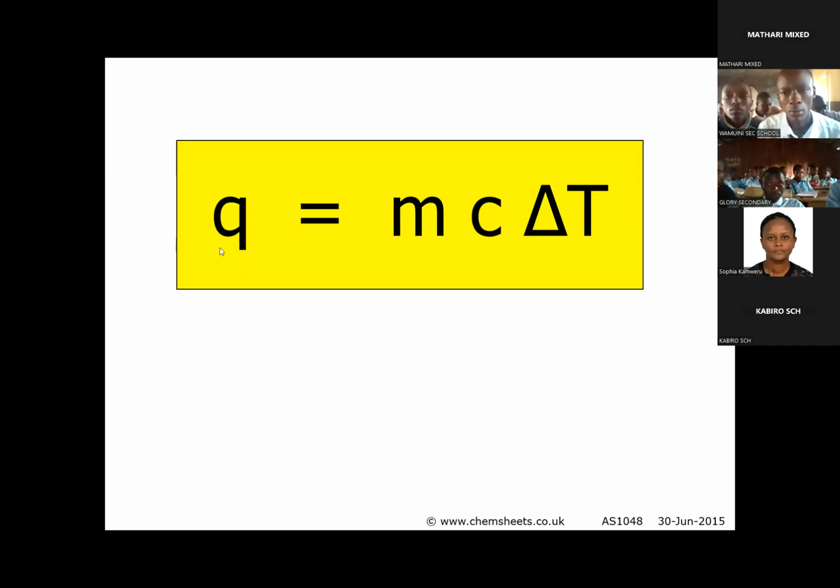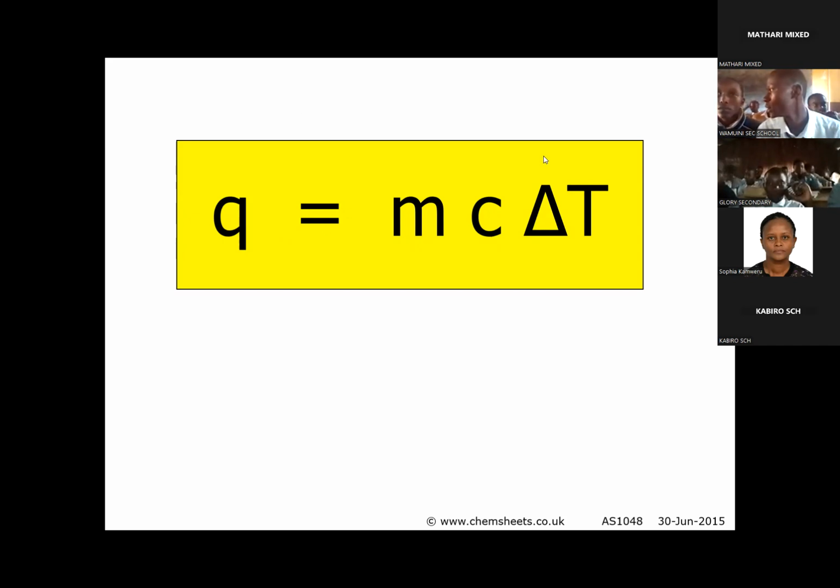So if you look at the sun heating a puddle of water or a stream, then you could calculate it like this. The amount of heat that goes in is equal to the mass of water times 4.18 times the temperature that it rises, and that will tell me the energy that I need to heat anything, a pan of water, a swimming pool, the ocean. It doesn't matter.